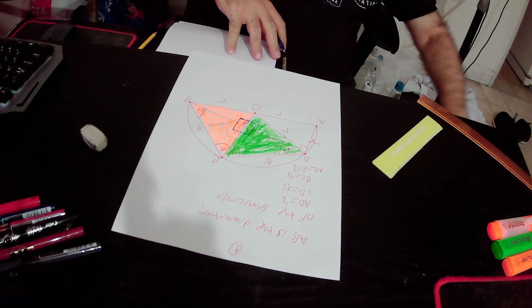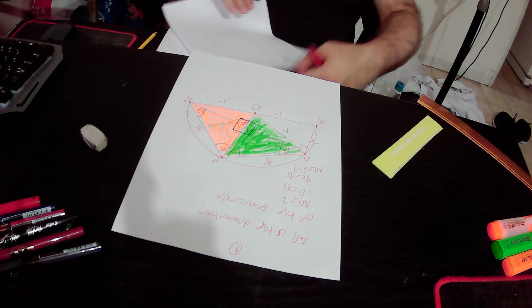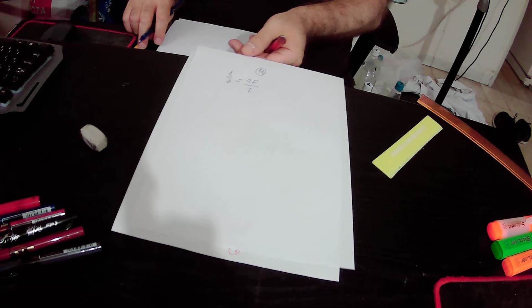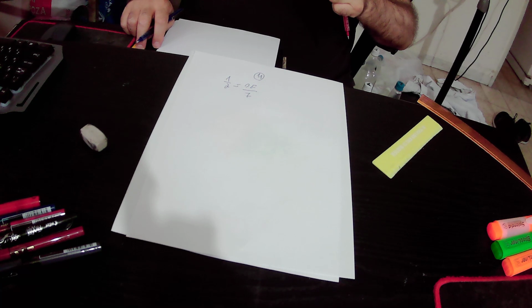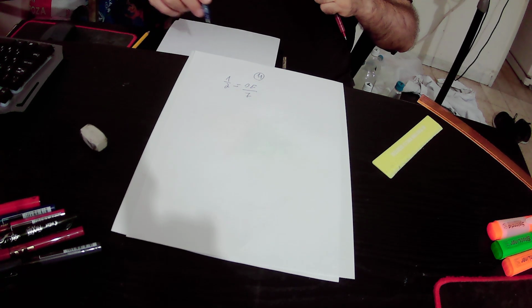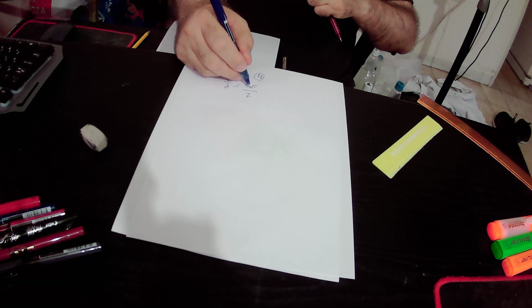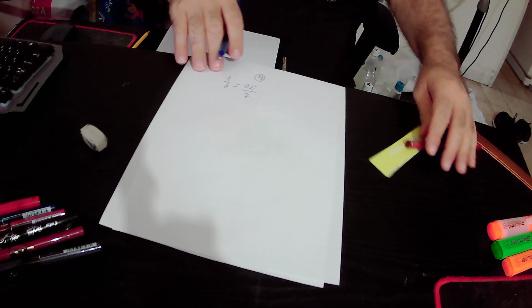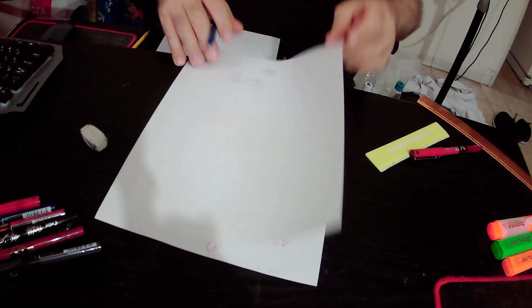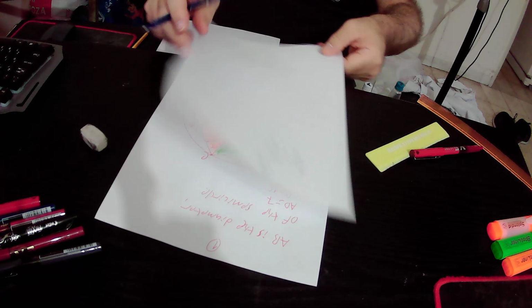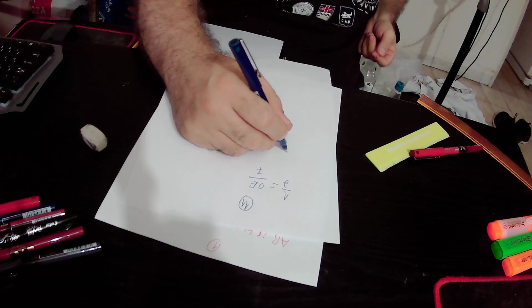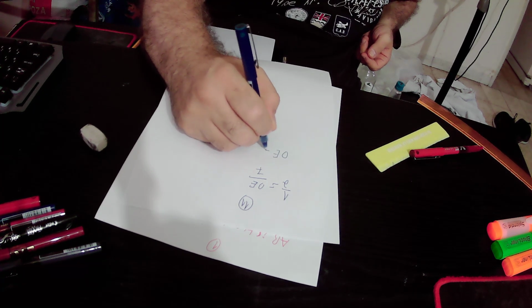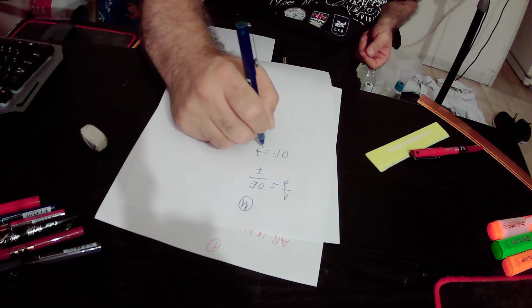So here we will multiply this equality by 7 in order to get the value of OE. Okay? We will get that OE equals 7 over 2 units.